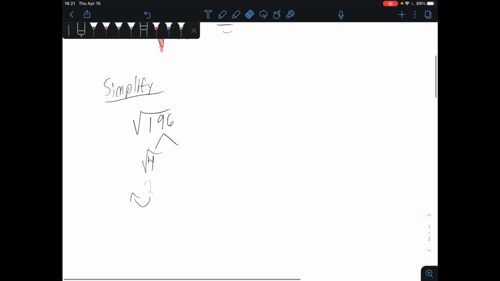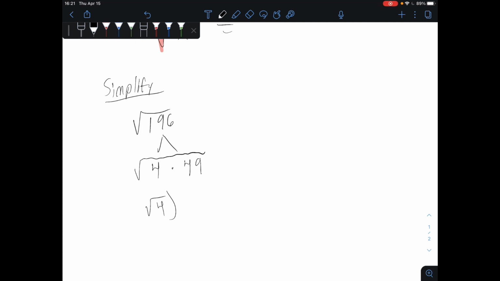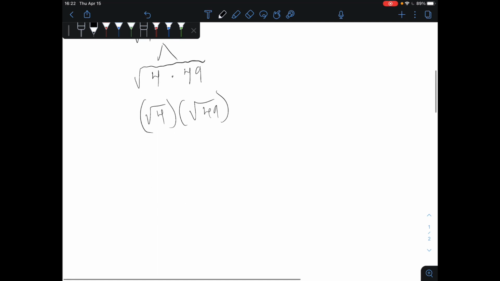So the way to think about this is if we can separate this into 4 times 49, both of these are actually perfect squares, and so the square root that we have can be separated into the square root of 4 times the square root of 49, and that simplifies down to 2 and 7.